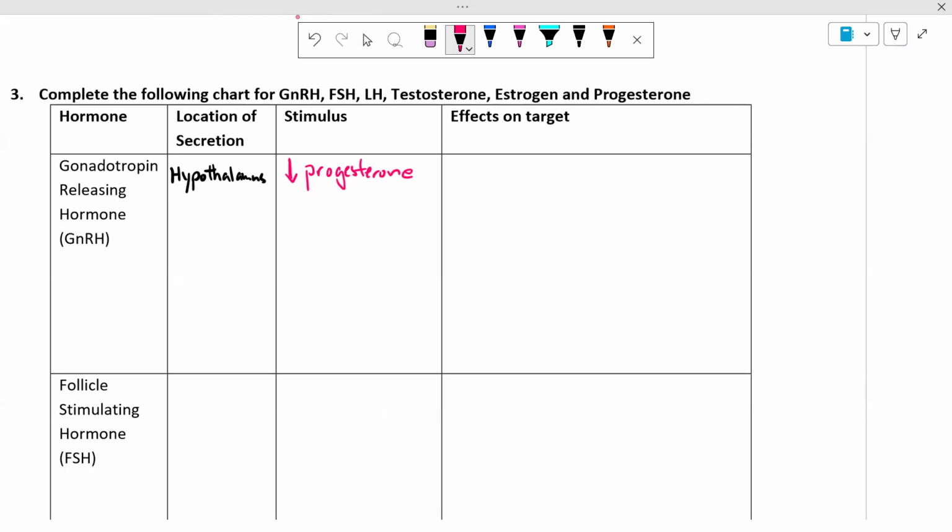But there is another trigger in female for GnRH. What is it? Increase in what?